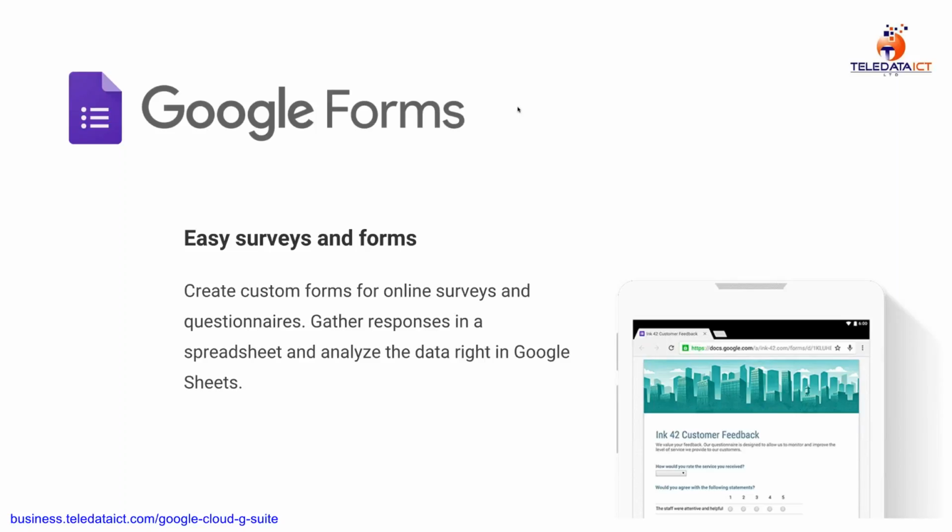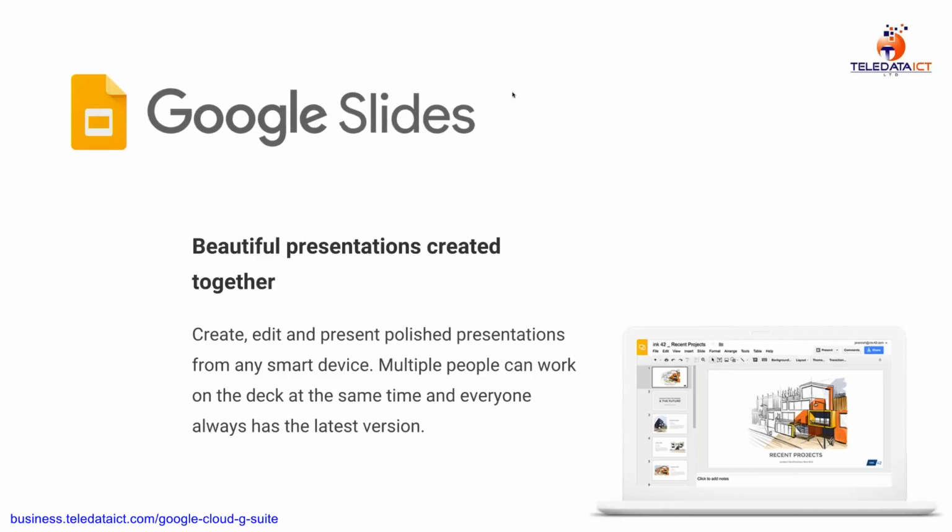The information collected through Google Forms is stored in a Google Sheet, so you can use the sheet to create graphs and analyze the data that you've been able to capture through the Google Forms. It's very easy to design, very user-friendly, very intuitive, and you can design a form in a matter of minutes and start collecting data online as well.